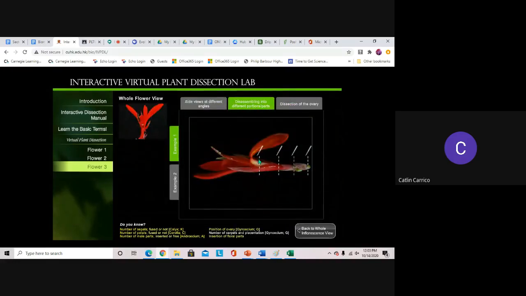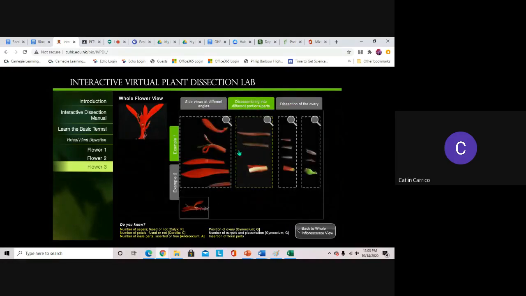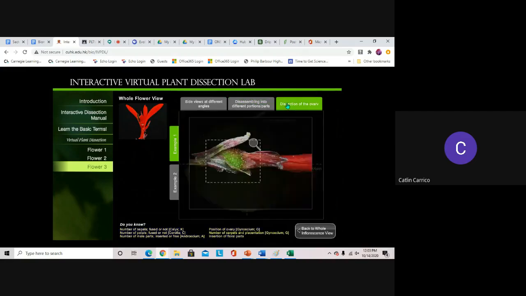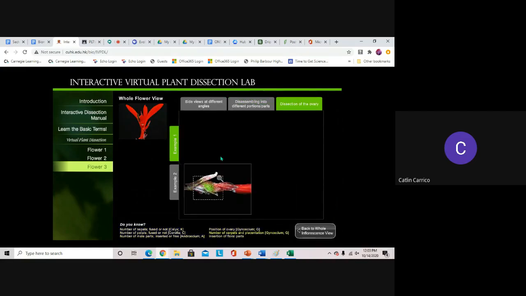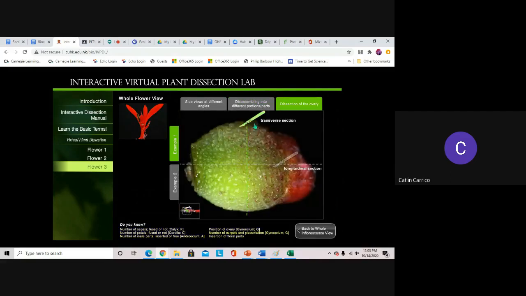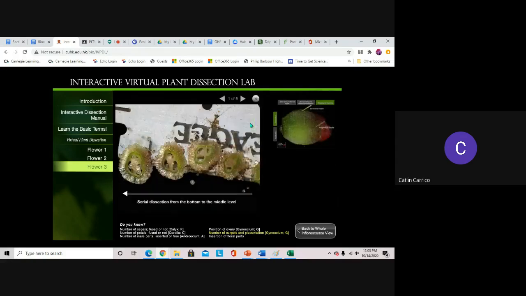If we were to conduct this cut, we can see our different levels of dissection in the different parts. If we looked at the female part, let's look at the transverse section first. You can see here's your ovules, here's your placenta, and here is the ovary walls.